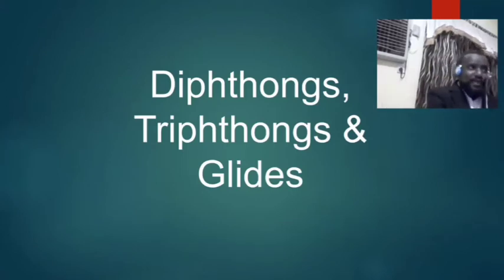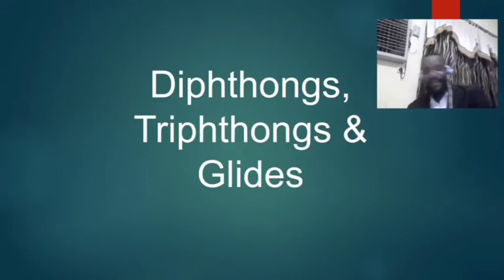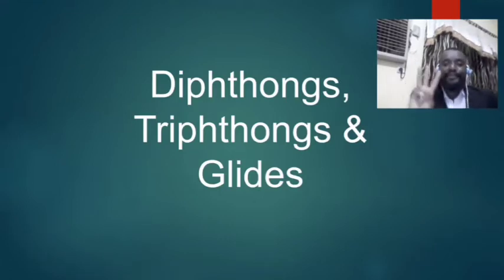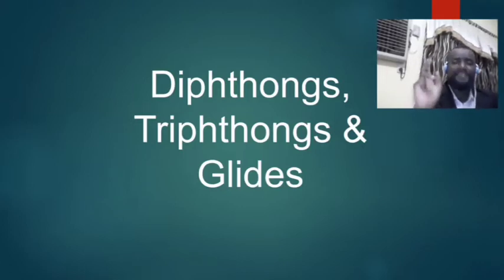Letters: 21 consonants, 5 vowels. In sounds, there are 24 consonant sounds and 20 vowel sounds. Vowels are divided into 3 parts. Number 1, short vowels, there are 7. Long vowels, there are 5, so that is 12.